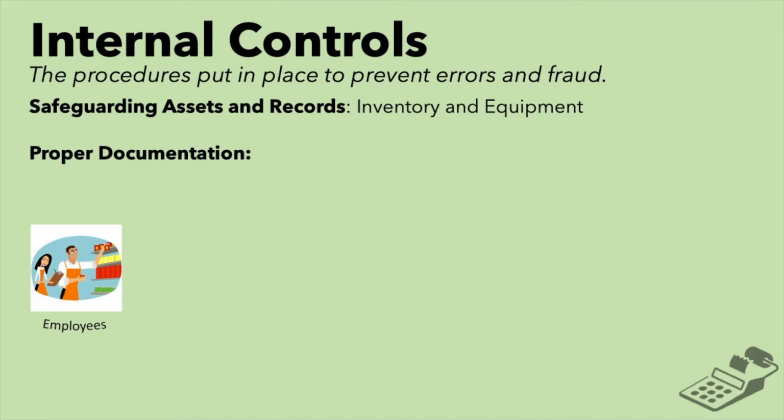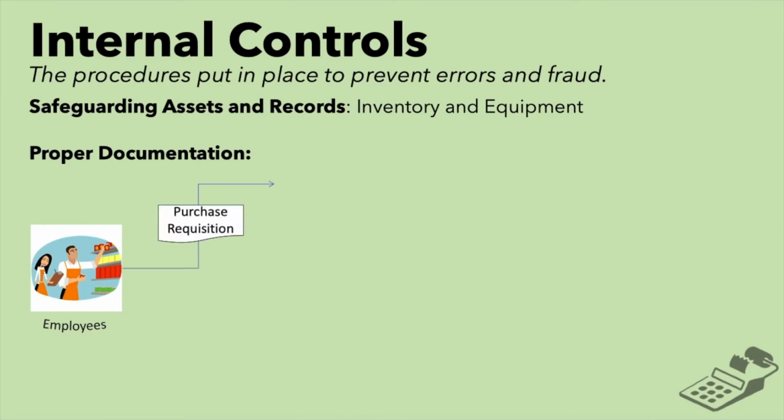Now, when we talk about proper documentation, this example we're going to walk through actually covers a couple different aspects of control, but we're looking at documentation here first. So, employees in the store realize that they need more of a particular item. Employees are not allowed to order the items in a good control environment.